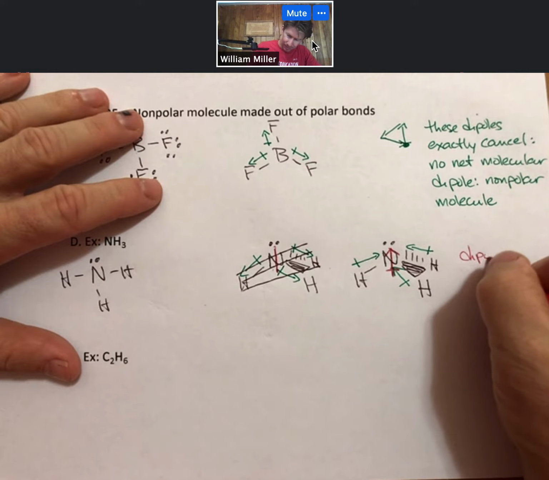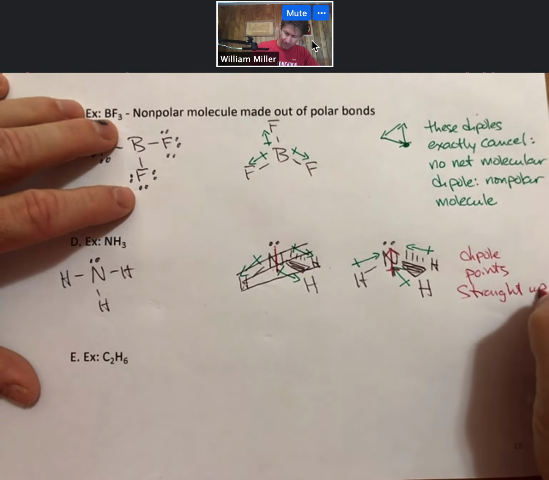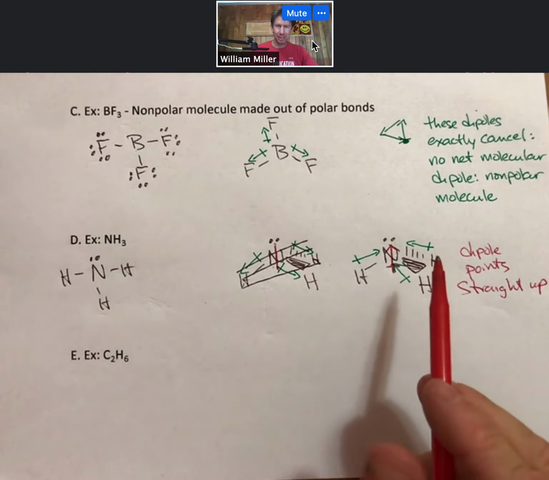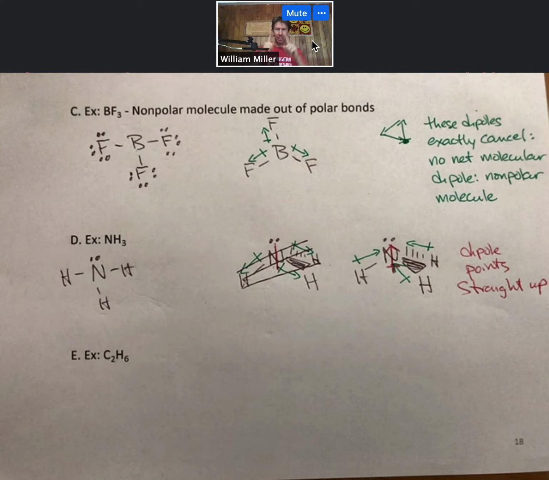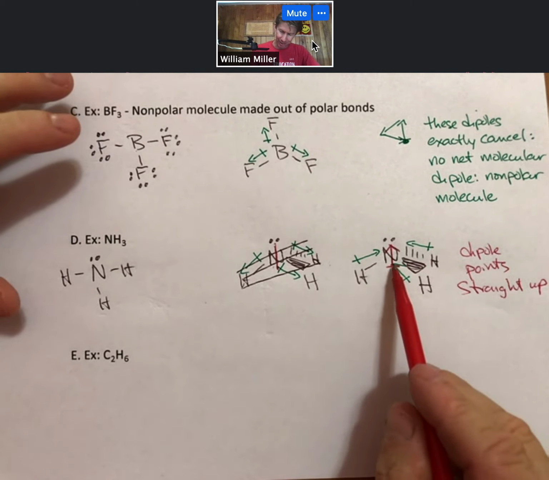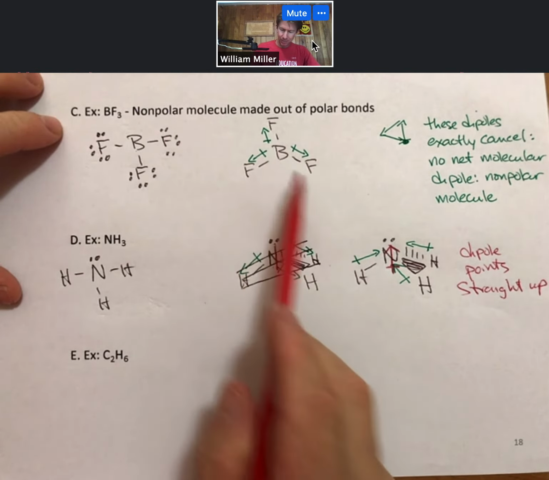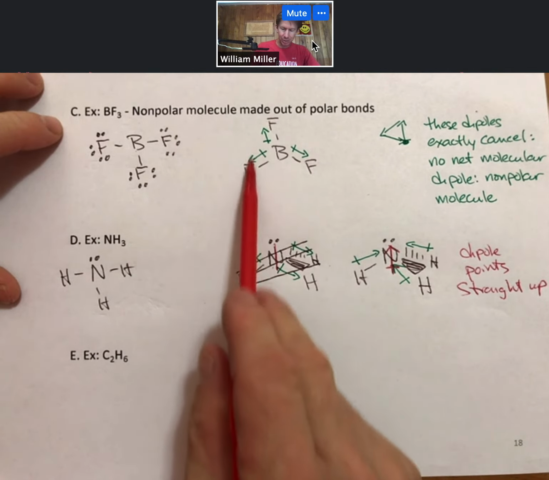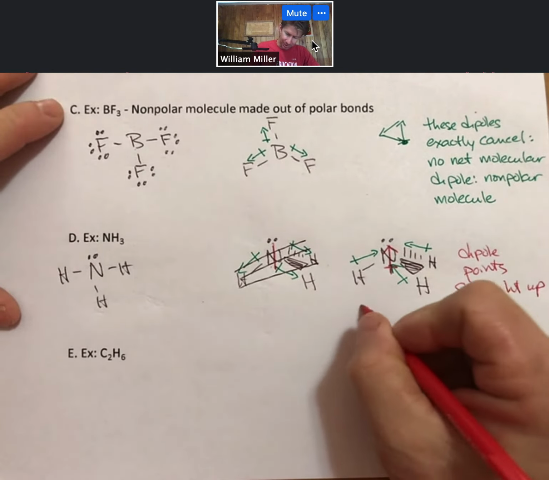So the dipole points straight up. And again, remember, a pair of electrons is something different. These 3 dipoles, their left and right portions cancel out, but their up portion adds, and you get an up dipole. And the difference between the cases is, this has 3 things and a pair of electrons, that's different. This has 3 things that are fluorines, no pair of electrons. And so this will be a polar molecule.